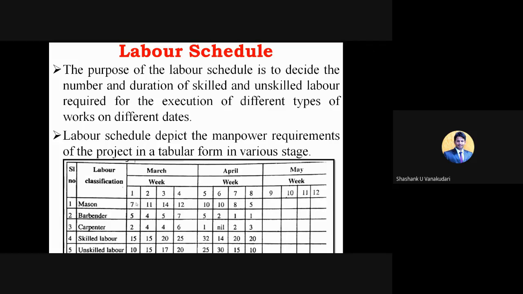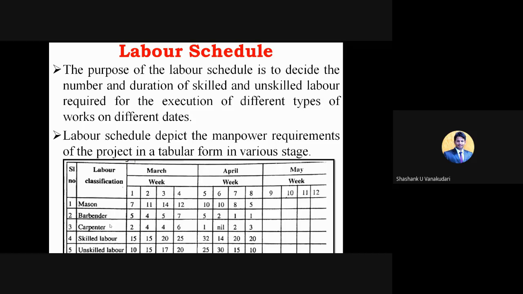This number depends upon the amount of work that can be carried out in week 1. Similarly for the second week, that work might increase from the first week, so we require 11 masons for the second week. Depending upon the estimation or the amount of work, the number of labors will be decided.